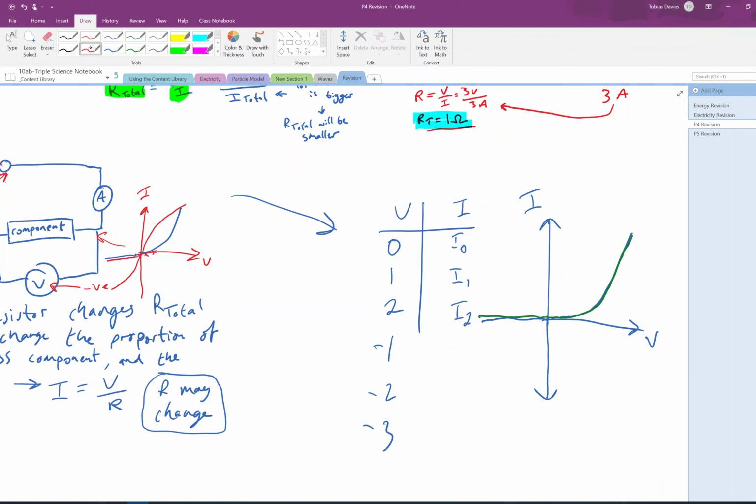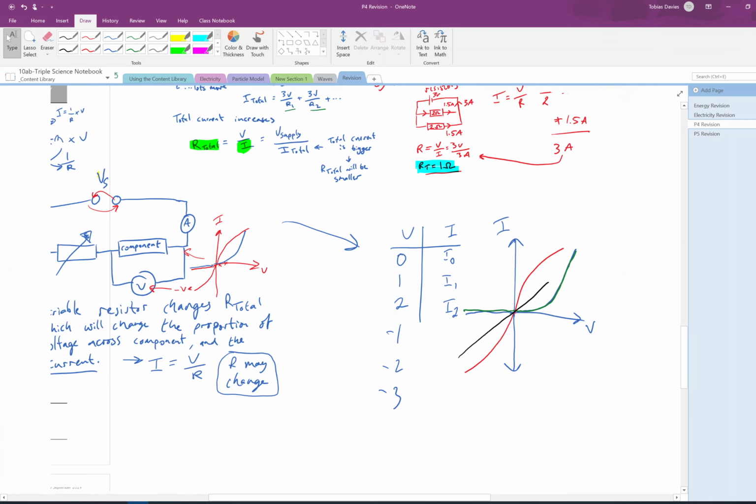And if it was for a filament lamp, it's symmetrical, so it would do the same thing but opposite for negative voltages. And if it was a resistor with a nice constant value for resistance, then it'll give you a straight line through the origin.